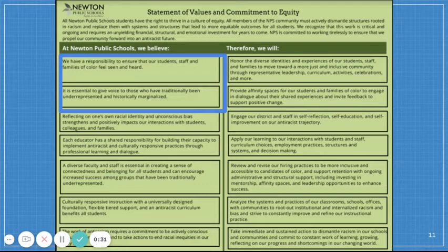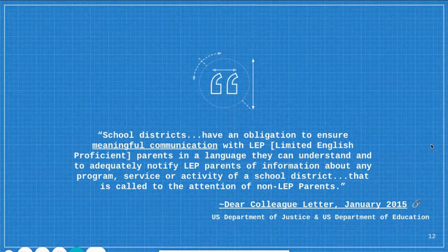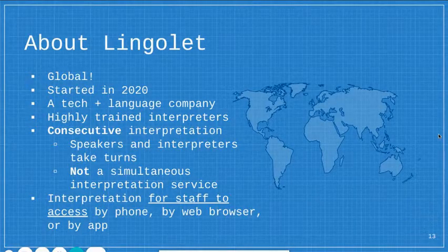Lingolet very practically helps us to hear the voices of families of color and other families who need language assistance. This does help fulfill our legal obligations to families that need language assistance, and also our obligations to provide meaningful communication as we use this tool from Lingolet.